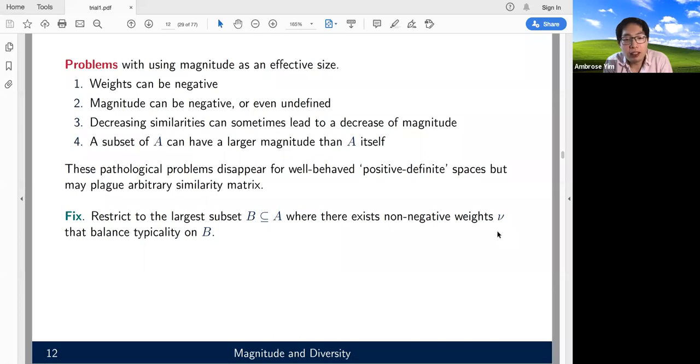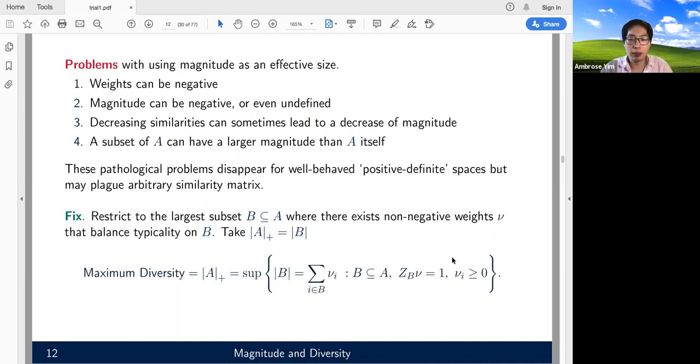And then we find the largest subset of the entire set of articles. We scan each subset and try to balance typicality on each subset. If there is a subset where we can compute a balanced typicality with positive weights, we take it under consideration, and we take the largest subset where we can find non-negative weights that balance typicality on that subset.